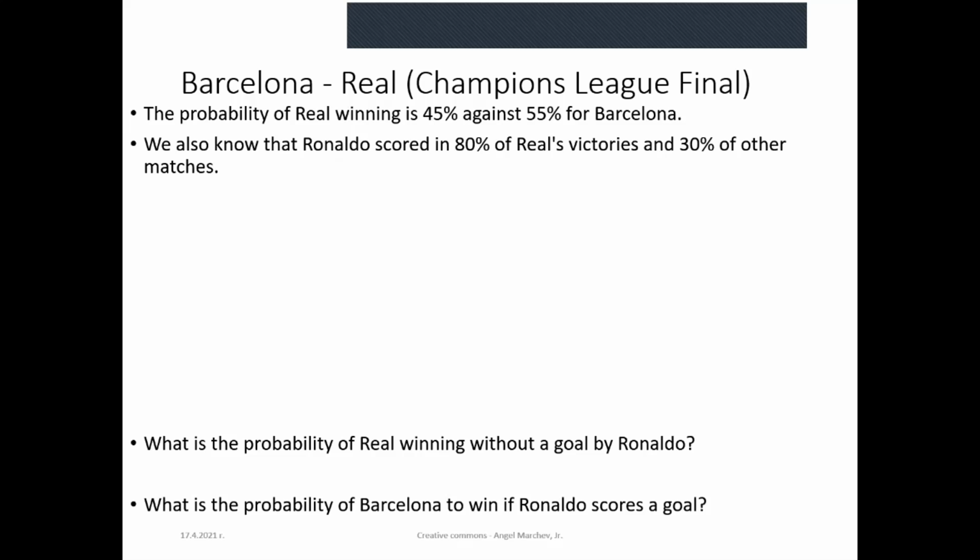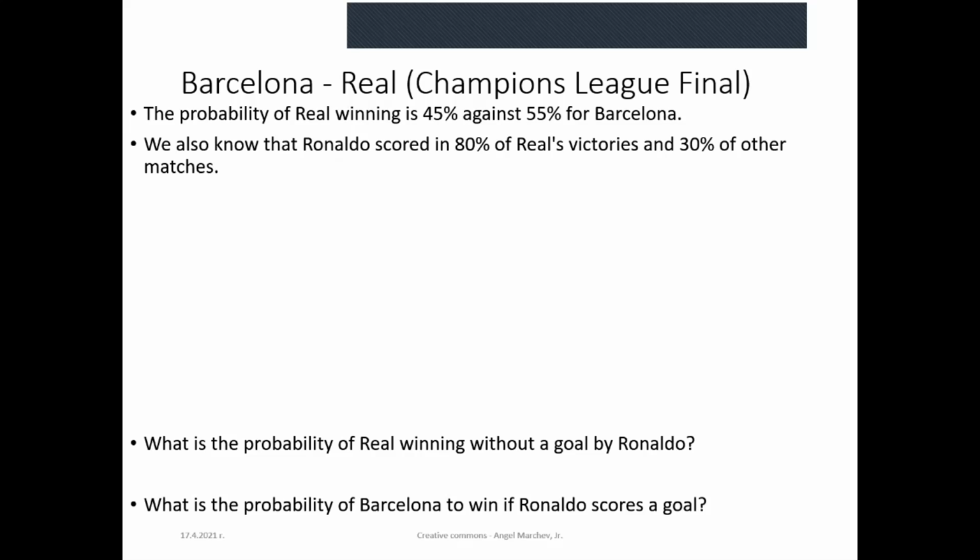So why have I chosen the Champions League final instead of, I don't know, a game from the Premier League where we have Real Madrid and Barcelona, the El Clásico? Why have I chosen the final as an example here? Can you guess this one? Okay, you probably cannot.